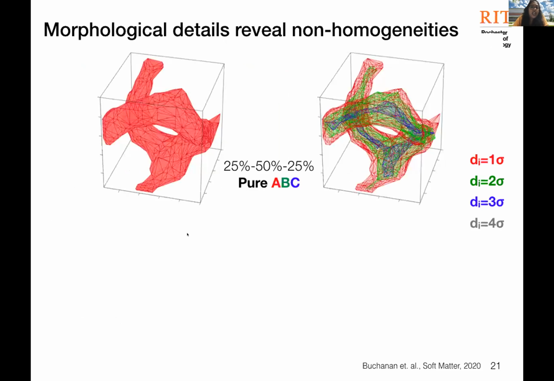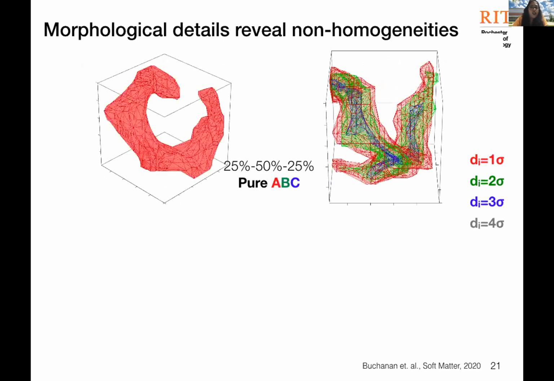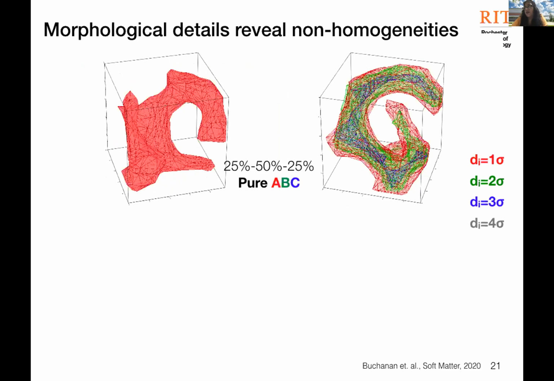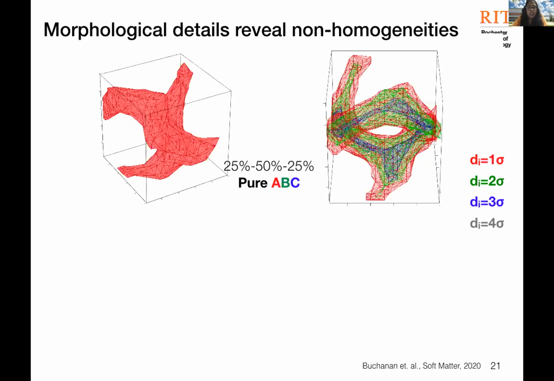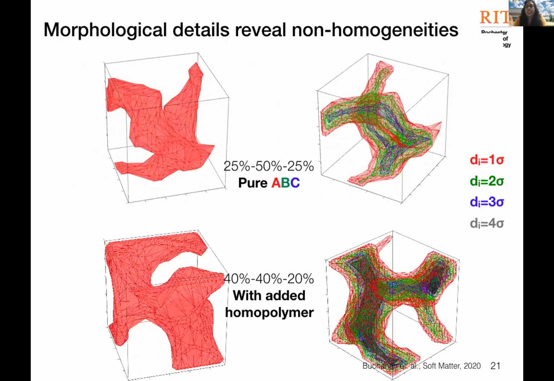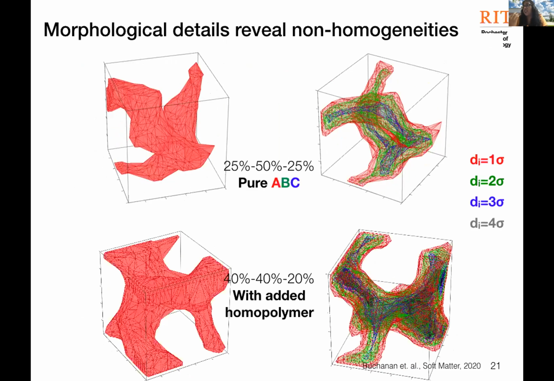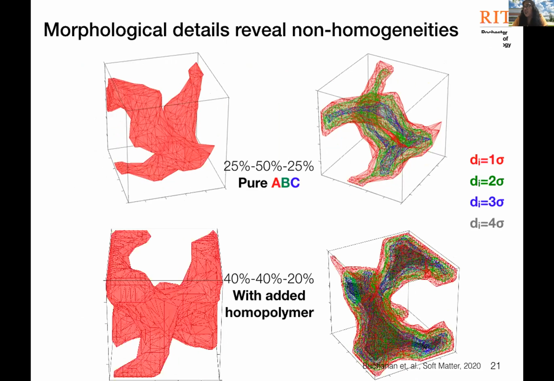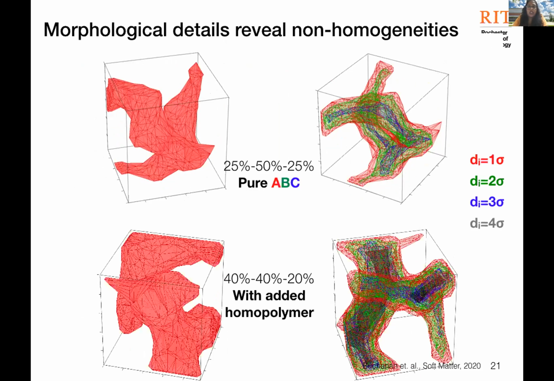And you can see that when you have a pure block copolymer, it's pretty defect-free. You can see uniform gyroids, and you can see uniform layers between the subsequent layers, like an onion shape. But if you add a homopolymer, you start seeing some defects. We still get gyroids at much, much larger domain sizes.